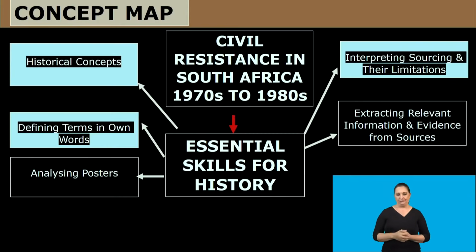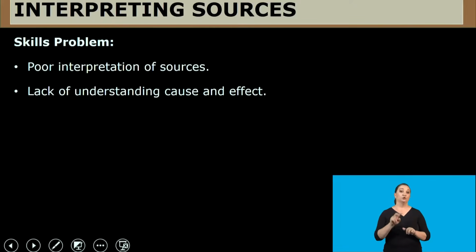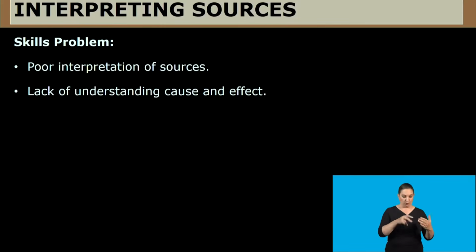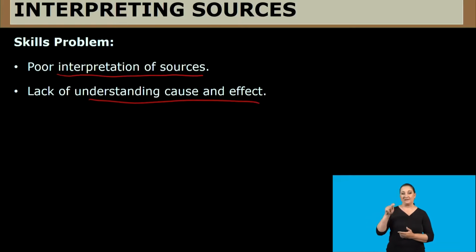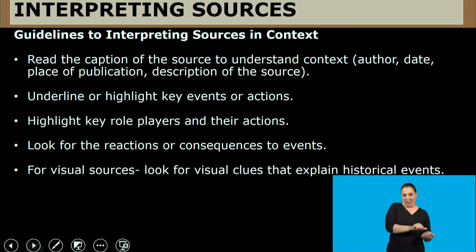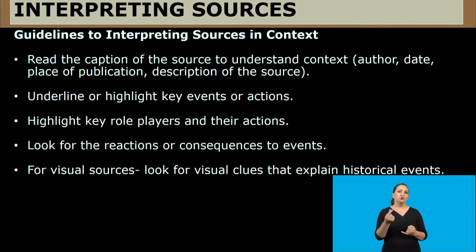Now, let's look at another very important history skill, and that is interpreting sources. Very important to know how to interpret sources and to understand cause and effect. This is what happened, and it led to that. So the guidelines when you're interpreting sources: you have to read the caption because it gives you context of what the source is about.